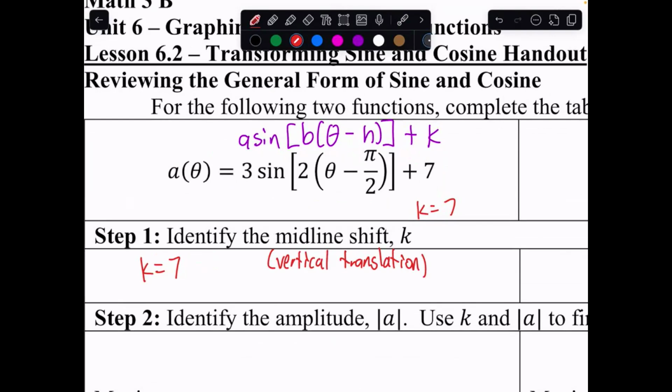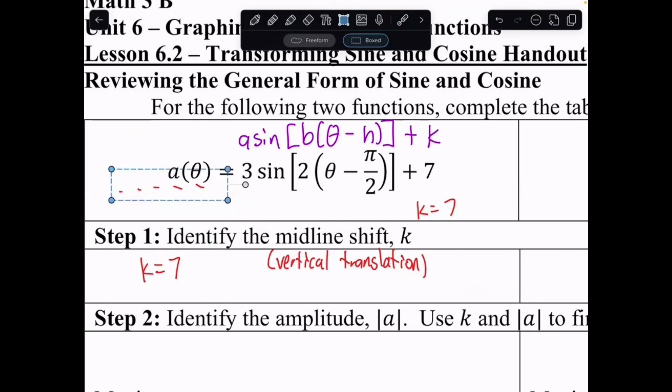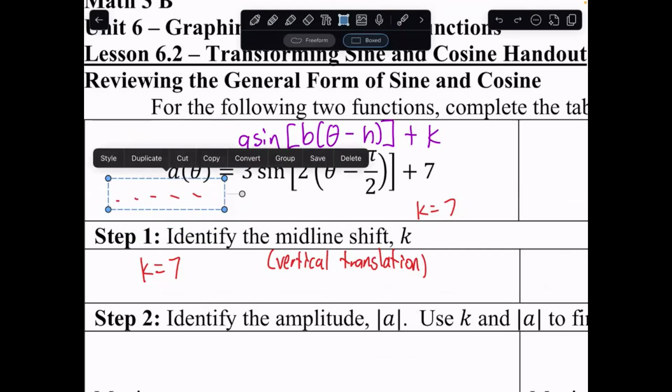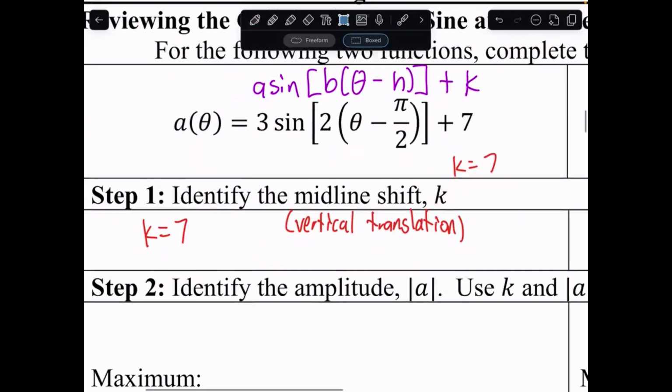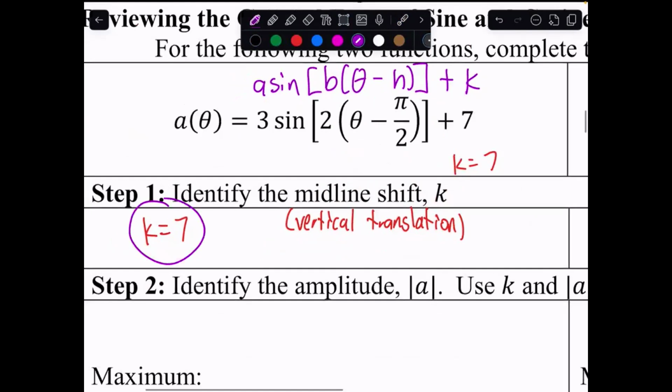But if you think about it, if you shift the midline, you're just shifting it up or down, so it's still a vertical translation. We just use different terminology. So since the k value is 7, if I ask you what transformation took place, k is 7, but that's not a transformation. What I'm looking for is the midline shift: you translated 7 units up.